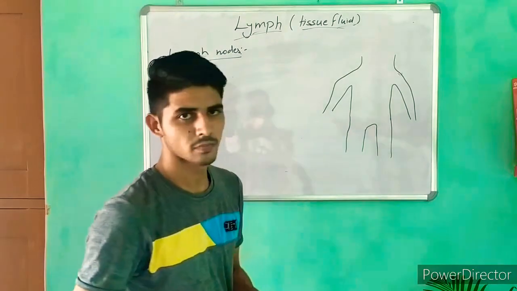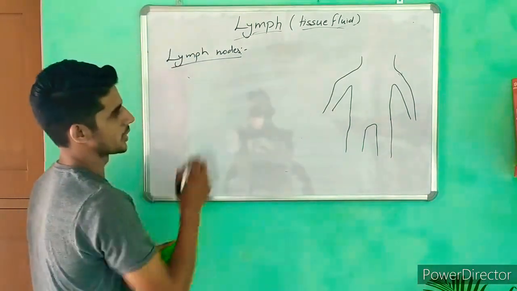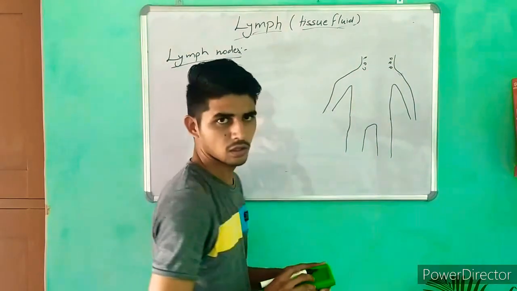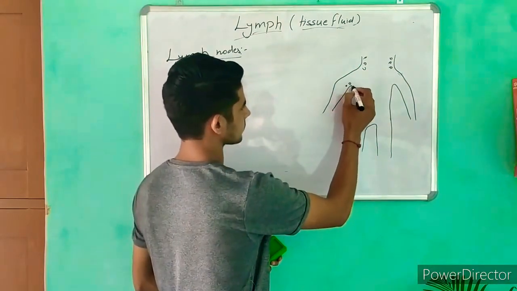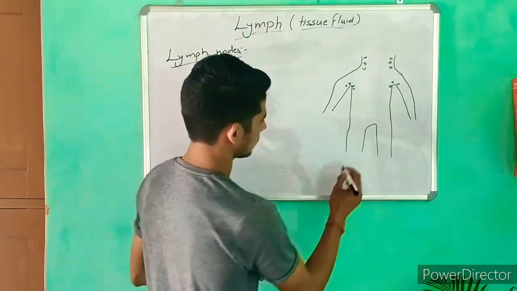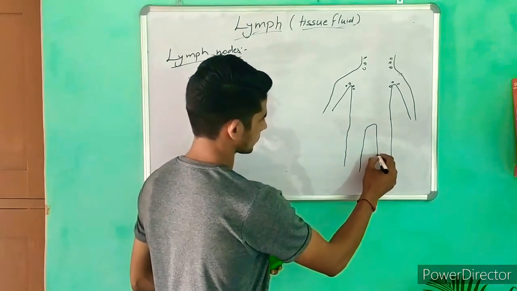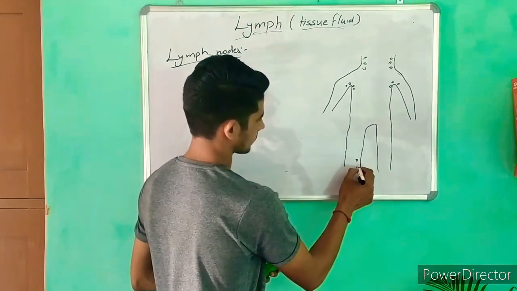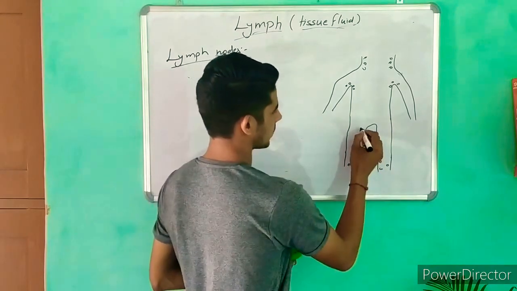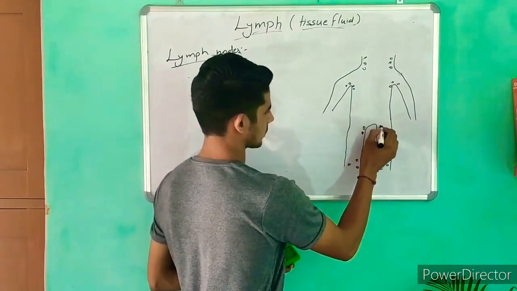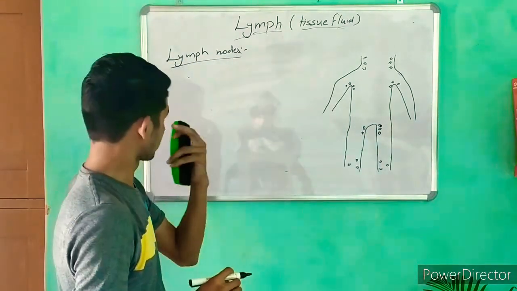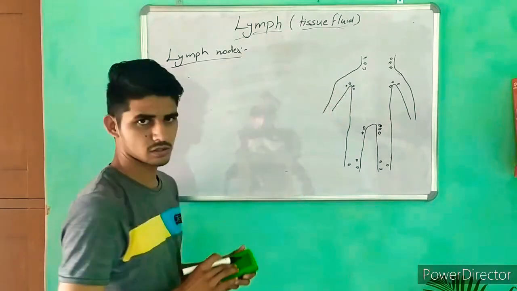This is the body. At many points like neck, armpits, and legs, and the groin in between thighs. This is the groin. These have many functions, lymph nodes.